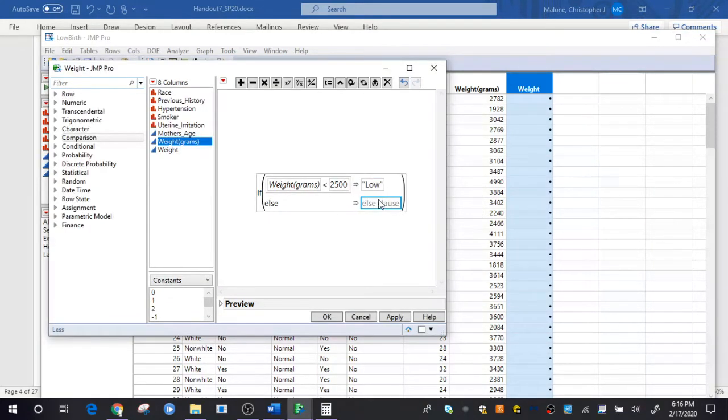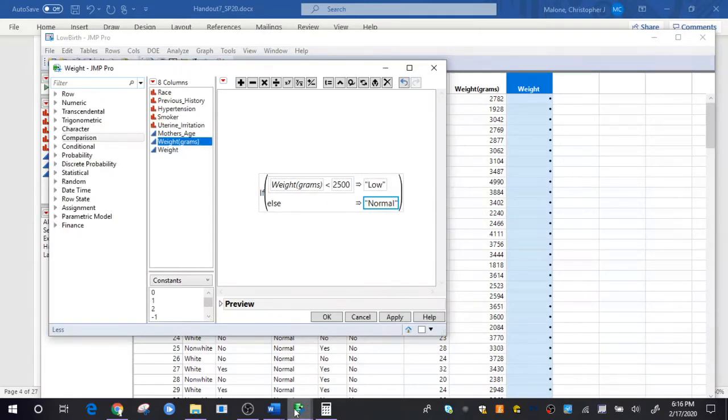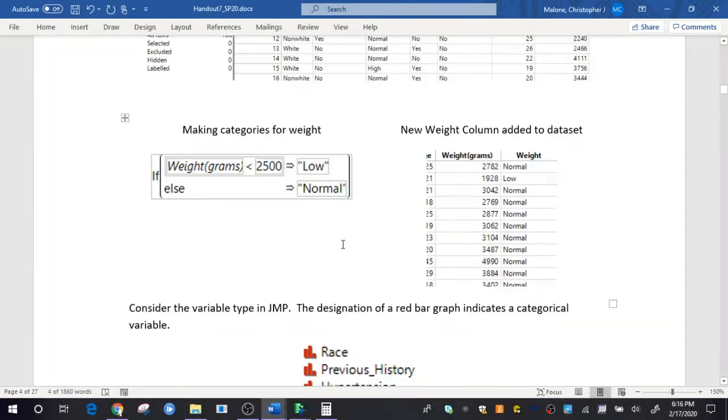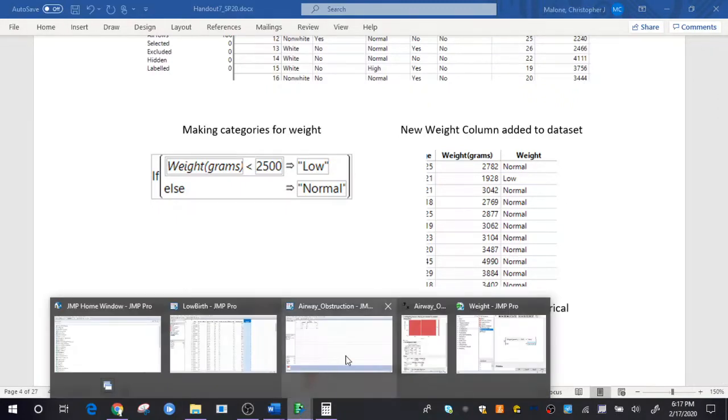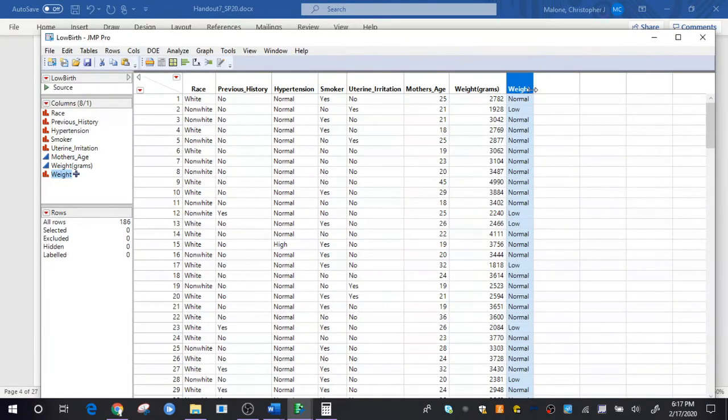And if it's not less than 2,500, we're going to indicate that as a normal birth weight. Again, you need those quotes there. We're checking it against 2,500. Go ahead and apply that, click OK, and hopefully that new column gets created.